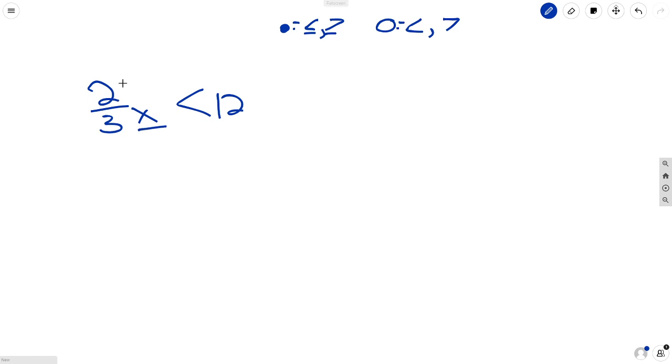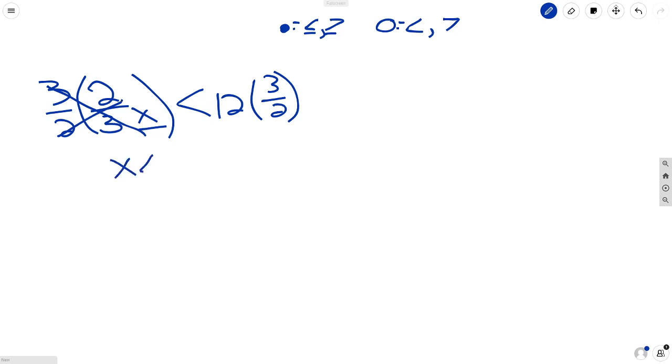And we talked about the other day how we want to multiply by the reciprocal of a fraction to get rid of it. Let's go ahead and do that. So the 3's cancel here, the 2's cancel here. We're just left with x. And then 12 times 3 is 36 over 2.